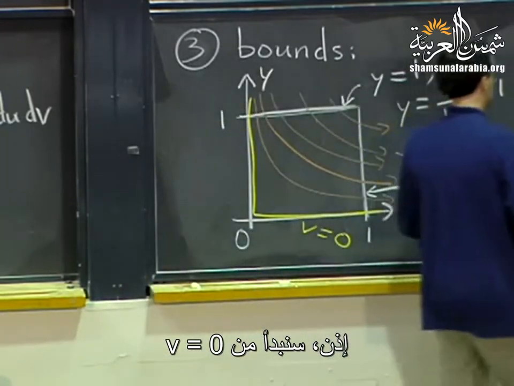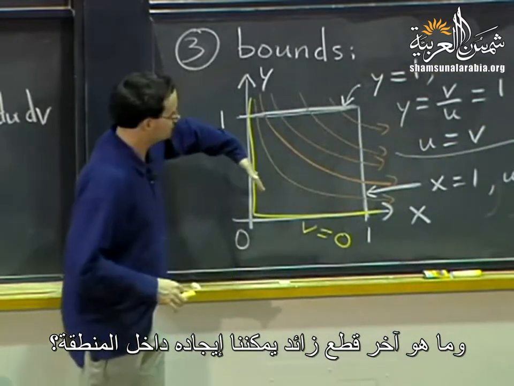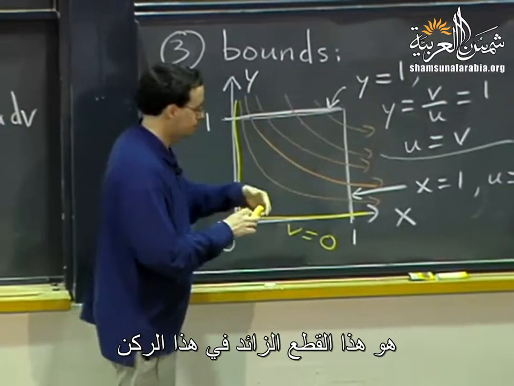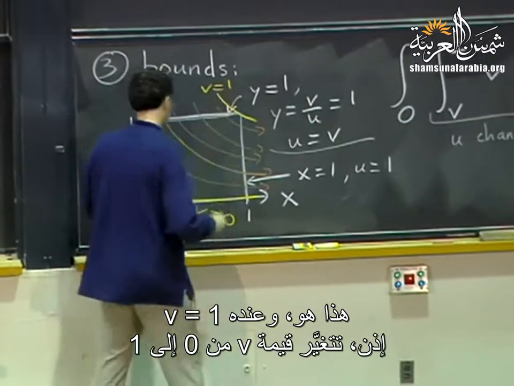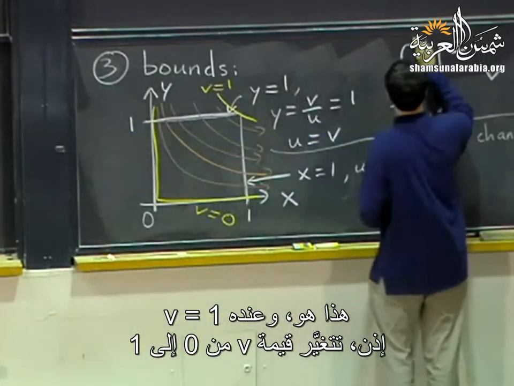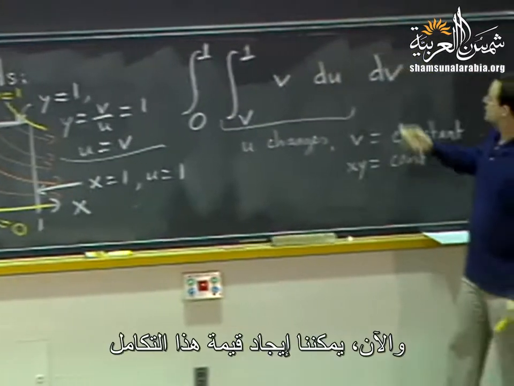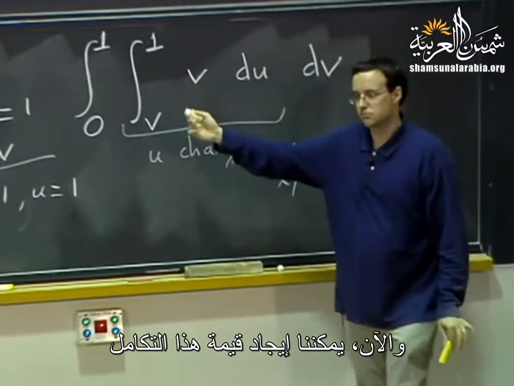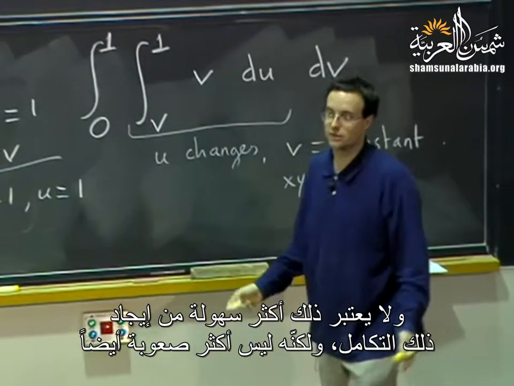So we'll start at v equals 0. And what's the last hyperbola we want to look at? Well, it's the one that's right there in the corner. It's this one here, and that's v equals 1. So v goes from 0 to 1. And now we can compute this. It's not particularly easier than that one, but it's not harder either.